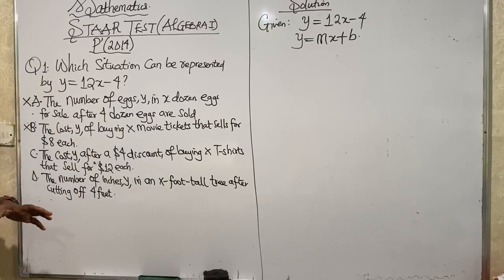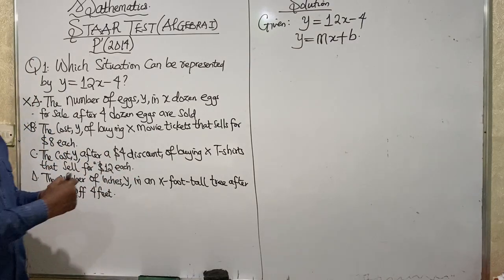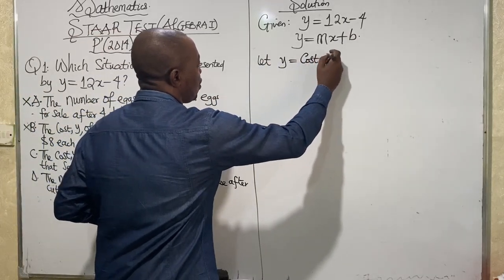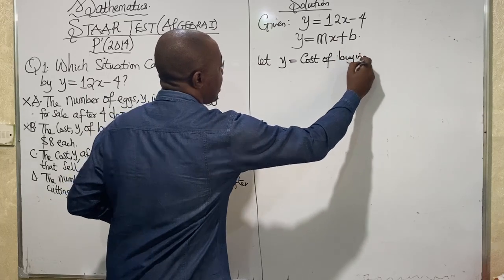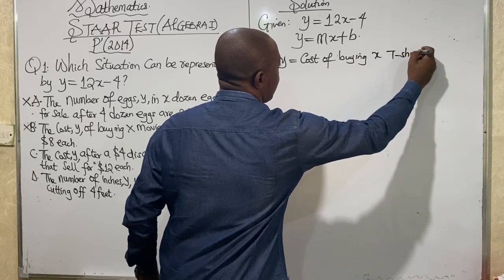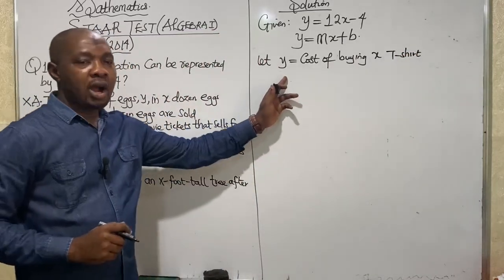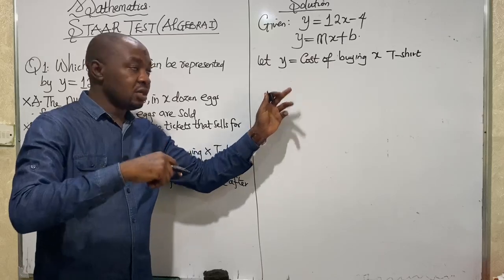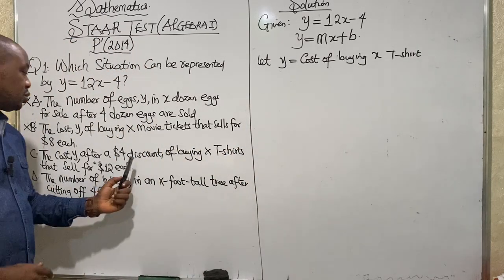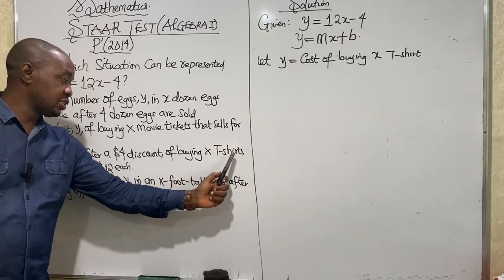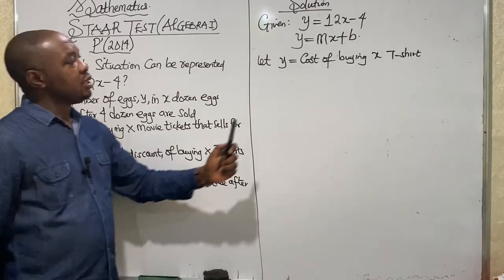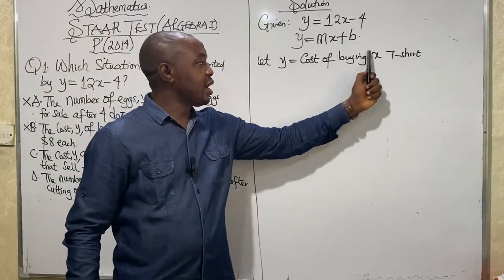So let y represent the total cost of buying x t-shirts. That means y is a function of x. Now the total cost of buying x t-shirts, then we have a $4 discount, and the t-shirts sell for $12 each. The number of t-shirts is what we have here as x.